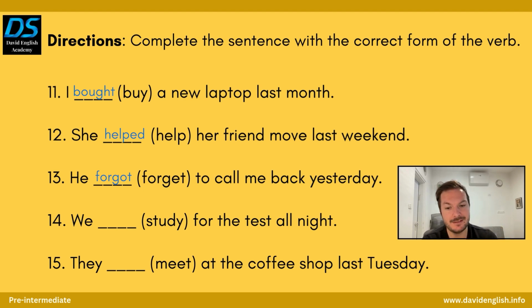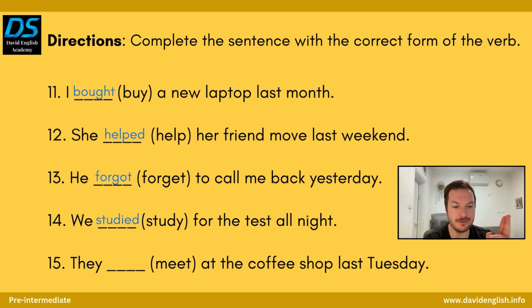14. We study for the test all week. Remember, this one, we must drop the Y and put IED. We studied for the test all night. Number 15, they meet at the coffee shop last Tuesday.